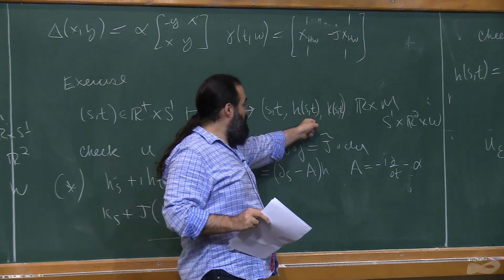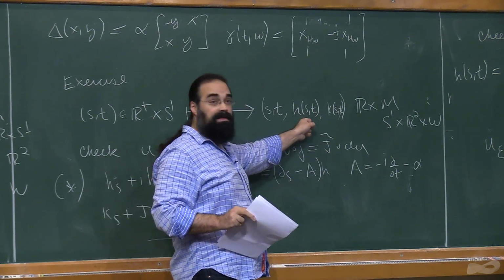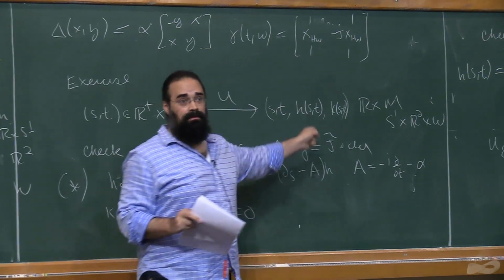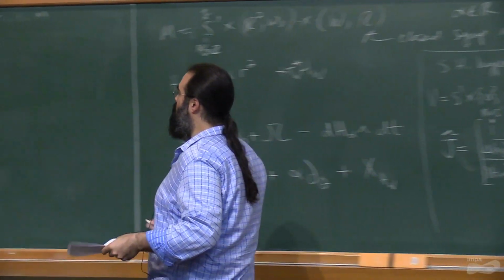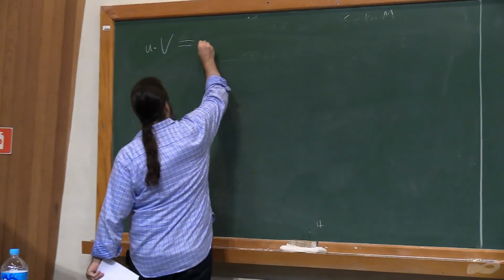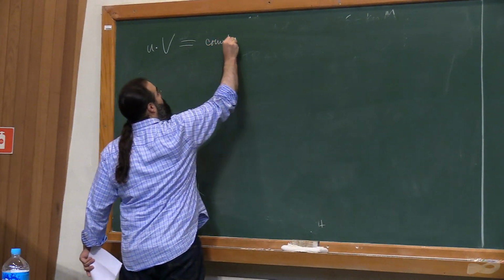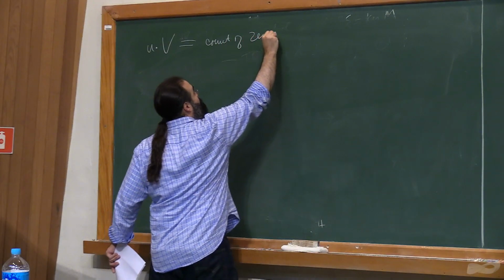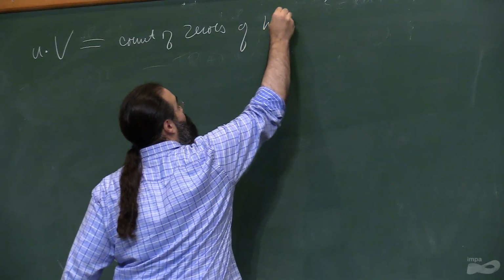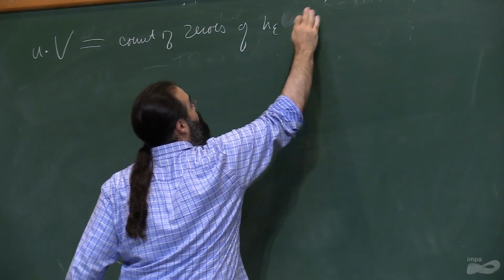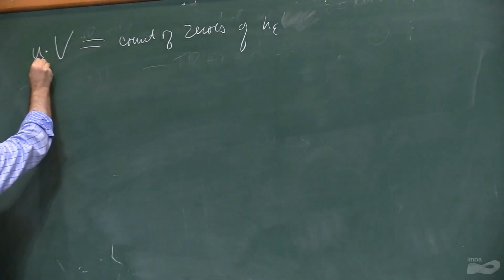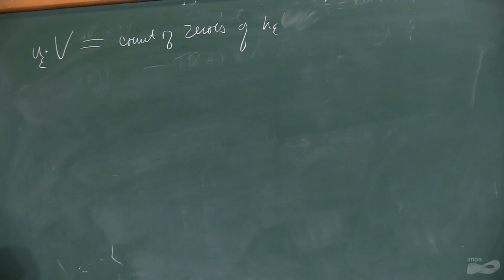So counting intersections of u with v turns out to be equivalent to counting zeros of h here. So the intersection number is the count of zeros of h epsilon. I forgot, I'm going to put that epsilon in there, because the answer I get is going to depend on epsilon.